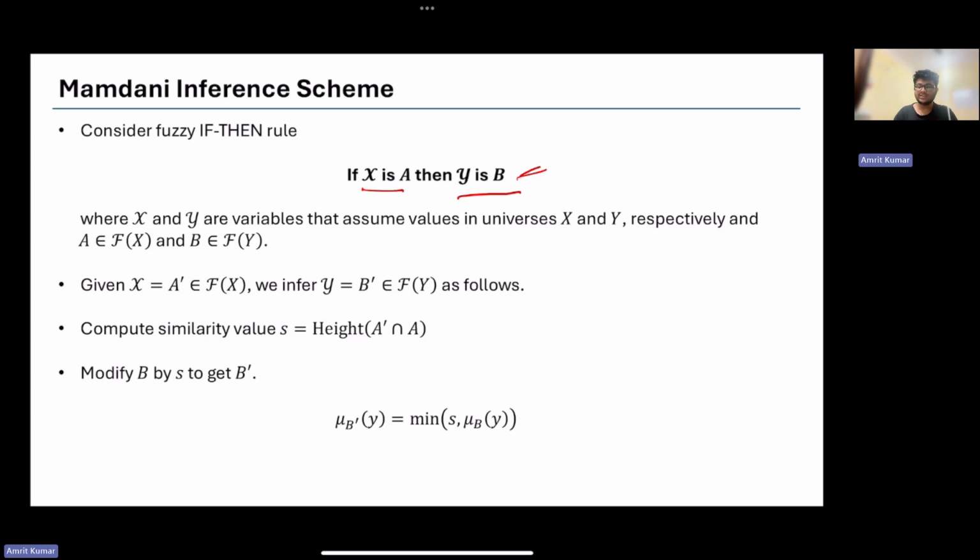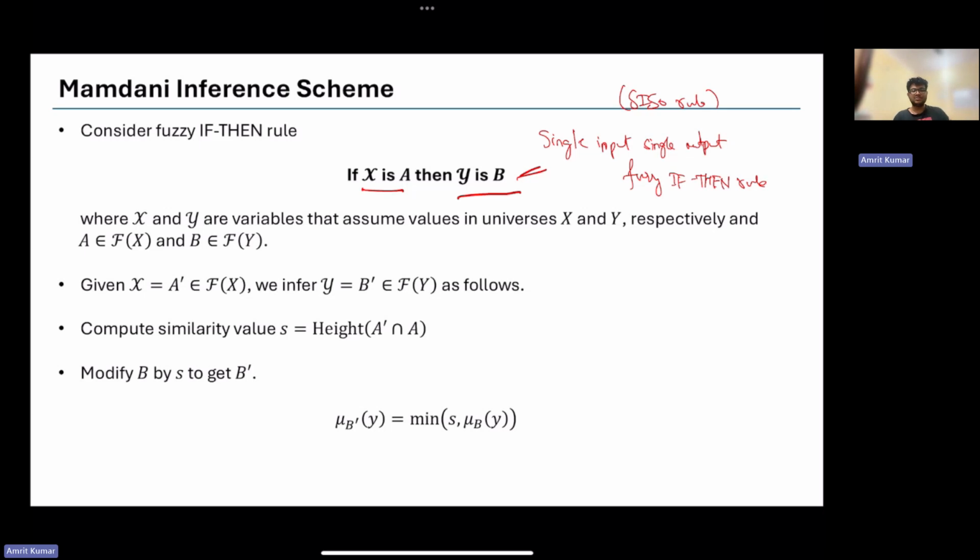So in other words, this is an example of a single input, single output fuzzy if-then rule. And in other words, it's also called a seesaw rule, right?